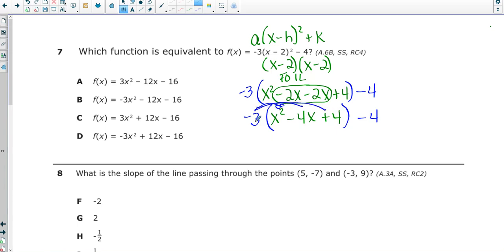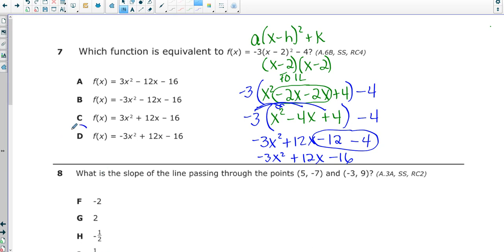You end up with -3x squared plus 12x minus 12. Then I bring down the minus 4. Now we combine our like terms, which are these two. So we have -3x squared plus 12x minus 16. Which one matches? The best one is letter D.